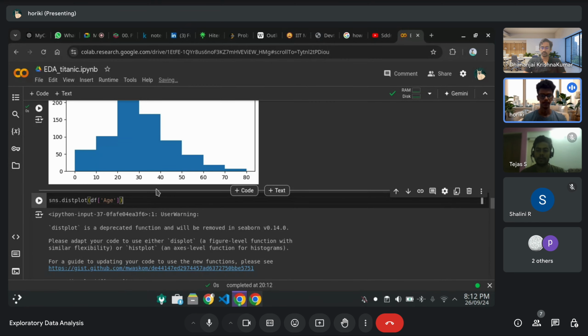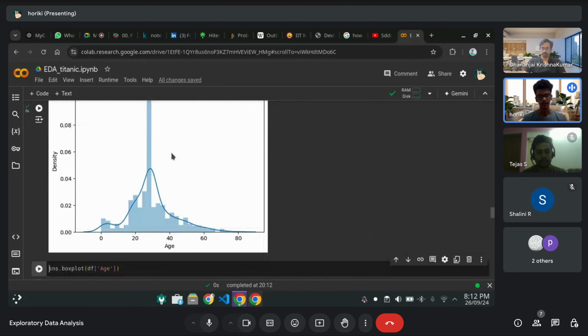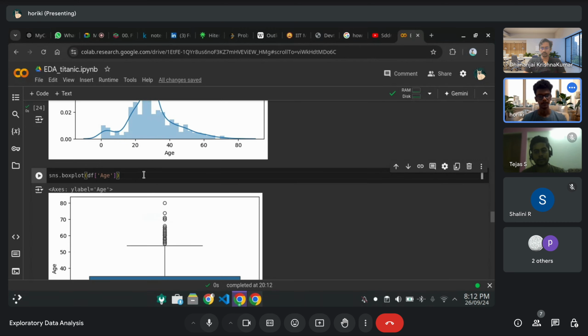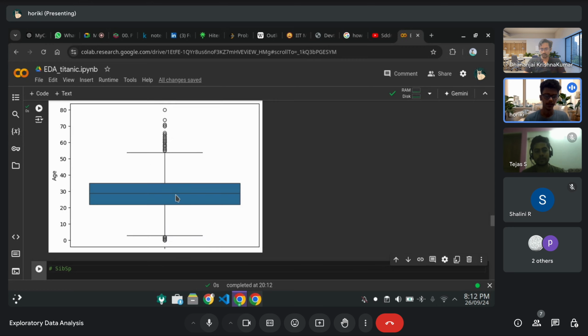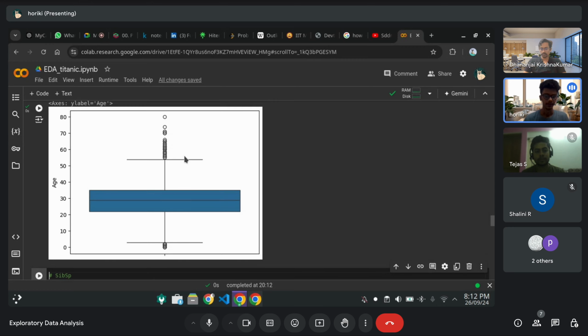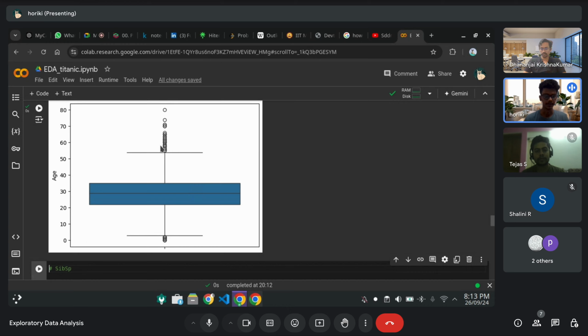This is just a distribution plot, and as you can see, the age has a somewhat normal distribution. And if you look at the box plot of age, you can see that there are a lot of outliers from ages 60 to 80. Those can all be considered outliers.